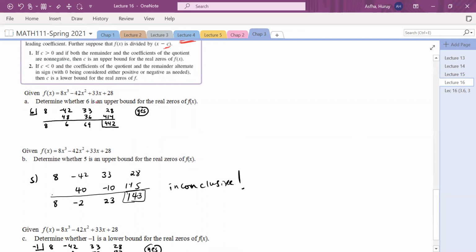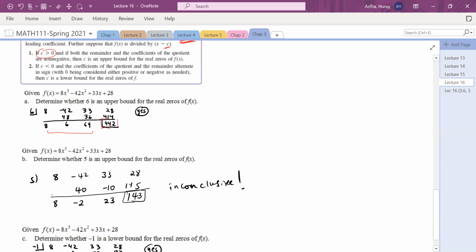and we're asked to determine whether 6 is an upper bound for the real zeros of f of x. So based on this, as you can see, 6 is positive. In our case, c is 6 here. So using synthetic division, we divide this function by 6, and we have this. So these are the coefficients of the quotient, and this is the remainder.